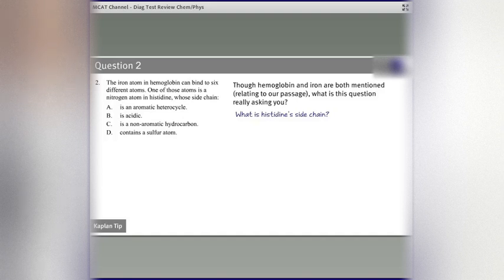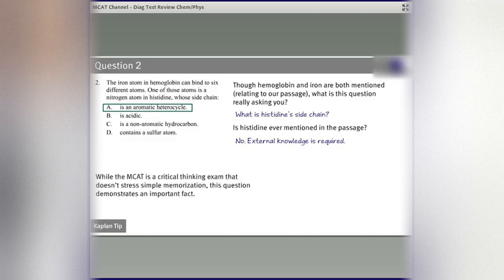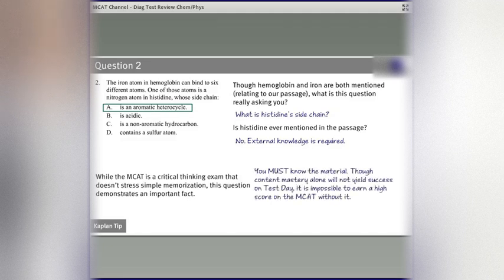General knowledge. Although I wouldn't say this is general knowledge, Rosa. That is correct. It's actually specific knowledge, isn't it? Histidine's not mentioned. You are going to have to know your amino acids. Okay? So what does that mean? It means you need to at least know what group each amino acid falls into, whether it's polar or nonpolar, acidic or basic.